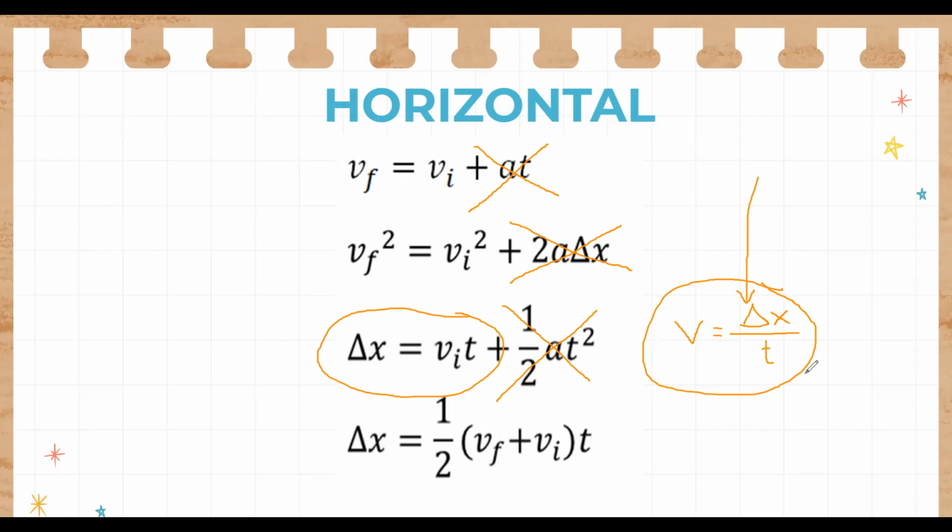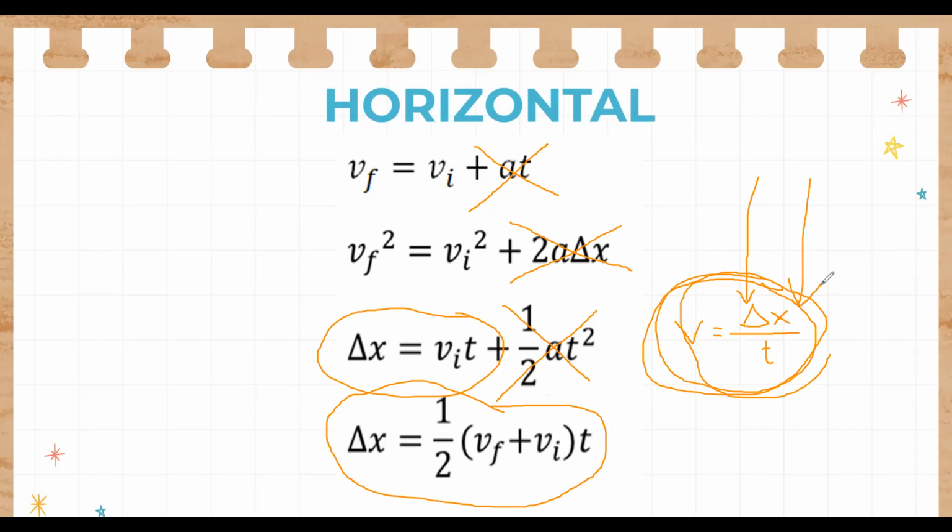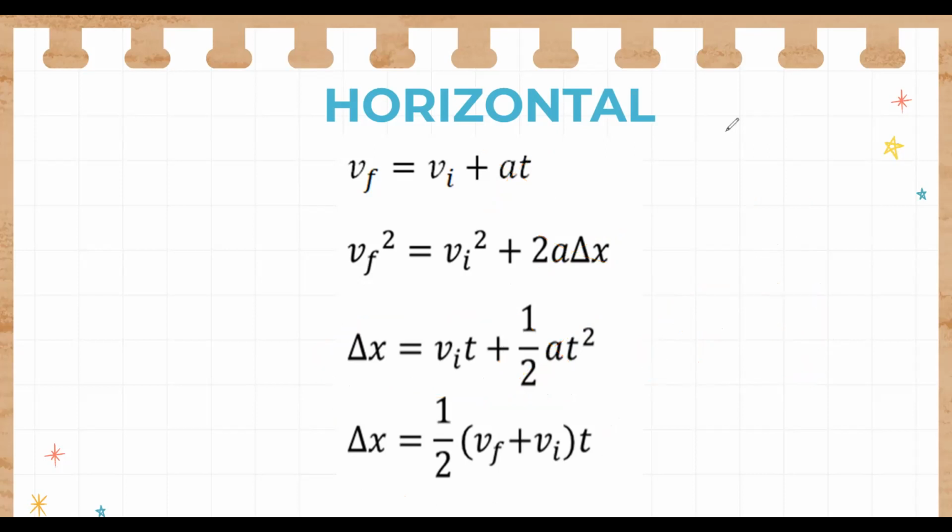All right. So in conclusion, in terms of our uniform motion, we can use this formula right here. We can also use this formula over here for our uniform motion. It's basically the same thing. But this one's going to be the one that is going to help out the most, along with some rules of 3. Okay? That is for when we have uniform motion, when we have a constant velocity.